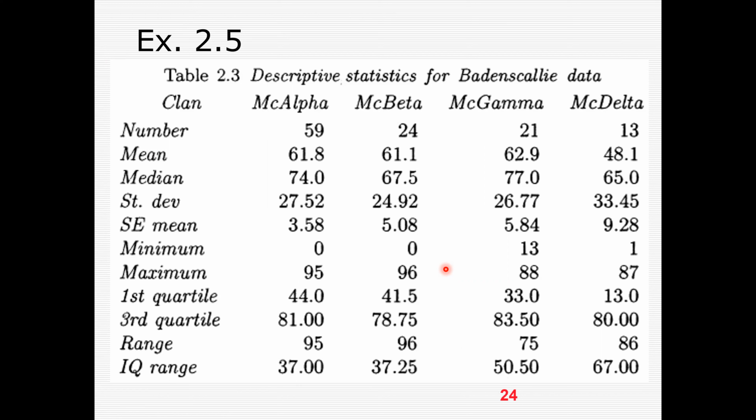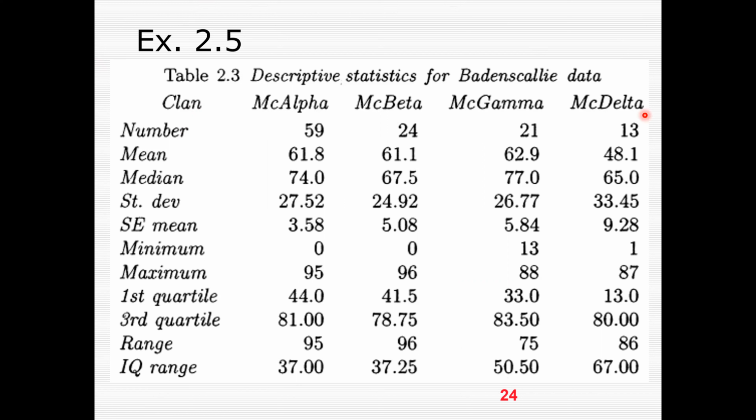There are 4 Scottish clans in a district of Wester Ross in Scotland. They collected the age at death of male members of each clan, and they used a fake name for each clan to protect their privacy.